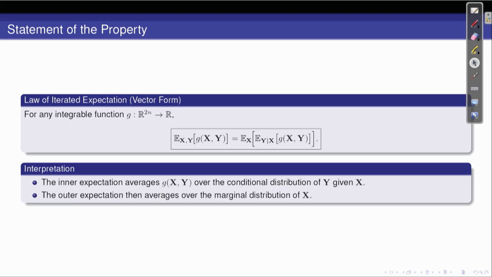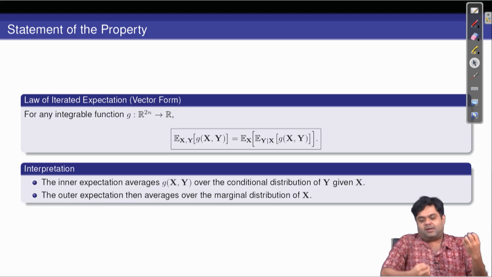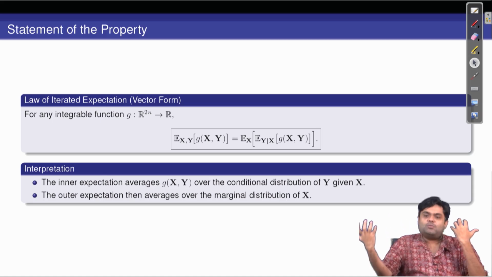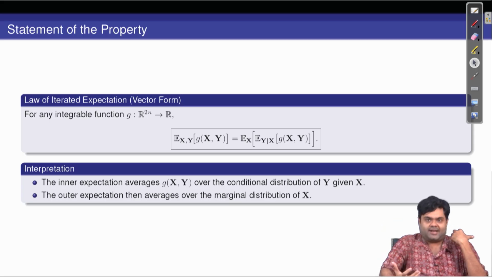Now if you average this function of x out with respect to all possible values of x, this gives you the iterated expectation, namely the expectation with respect to the distribution of x of the expectation of g(x,y) with respect to the conditional distribution of y given x.